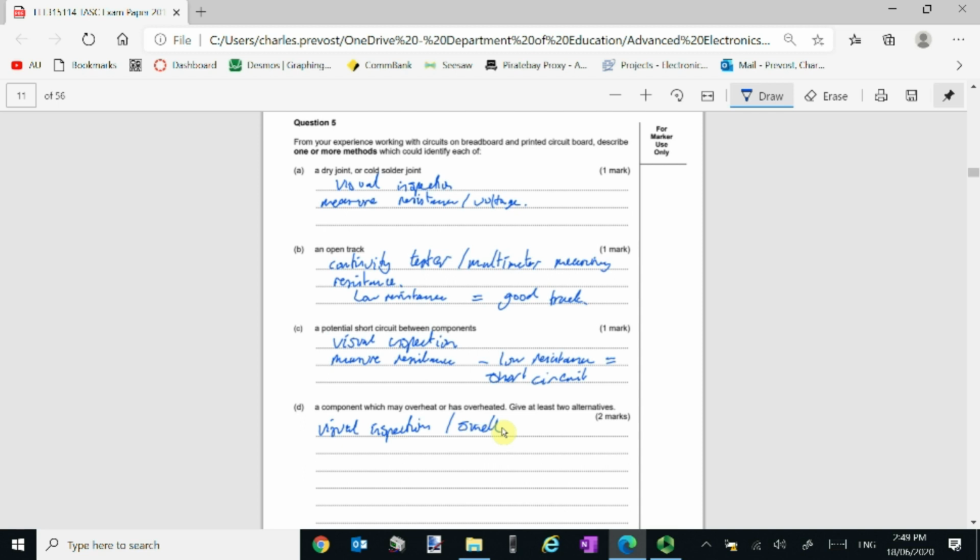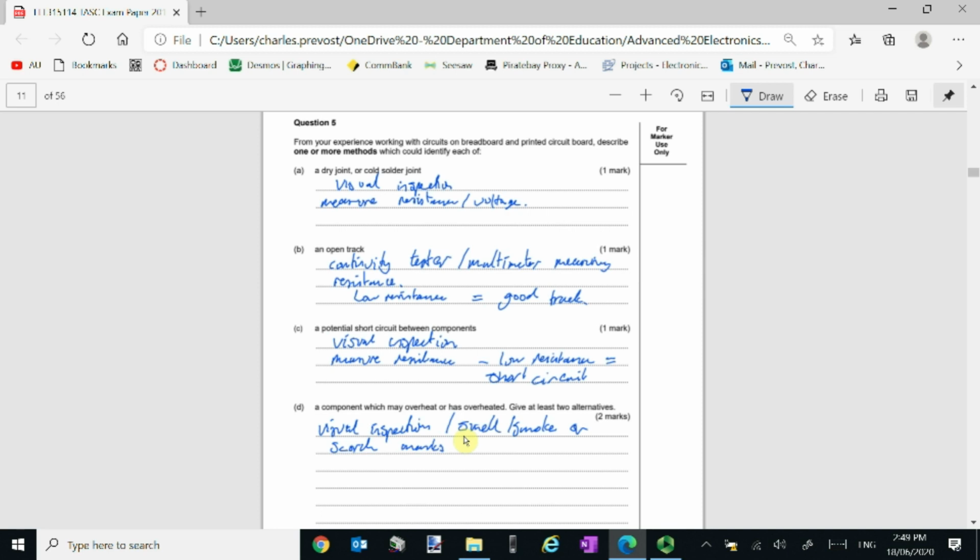And I don't know about may overheat, so it's probably smoking as well. Smoke or scorch marks. Okay, so you can see those. Not sure about an alternative to those, and certainly not about one that may overheat.